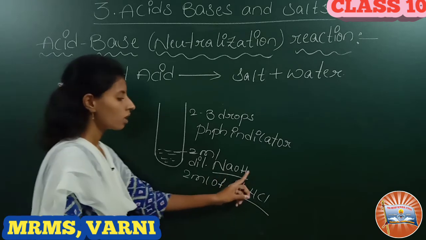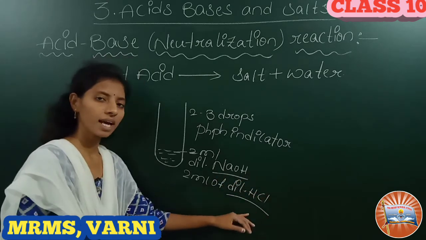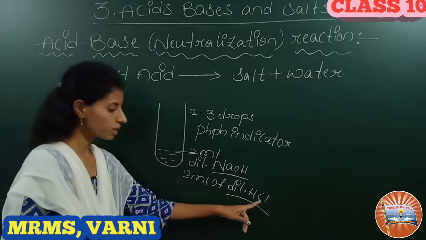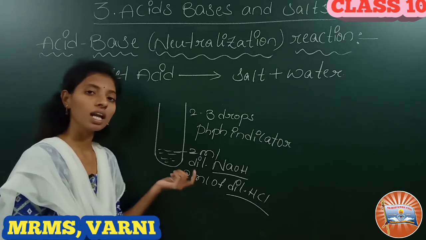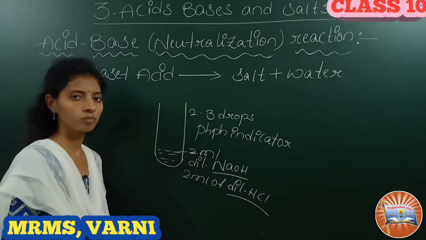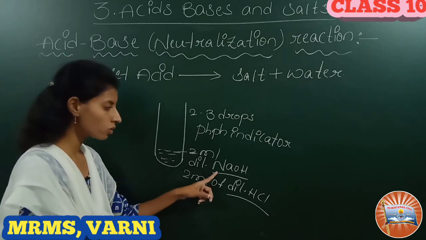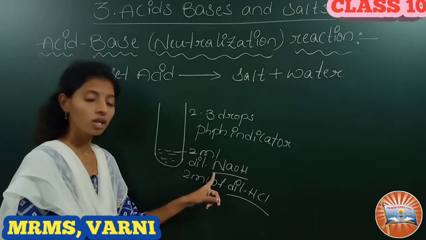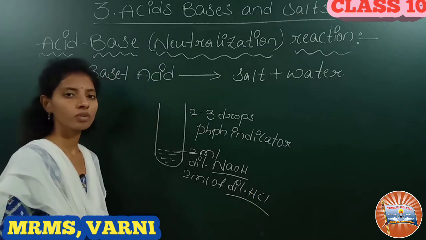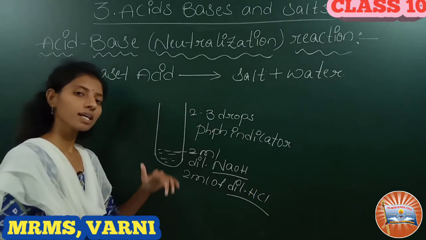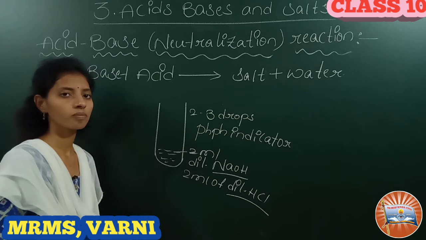That means HCl. So, the effect of the base is nullified by an acid. That means here the effect of the sodium hydroxide is neutralized by the acid HCl. So, that is why the pink color disappears.